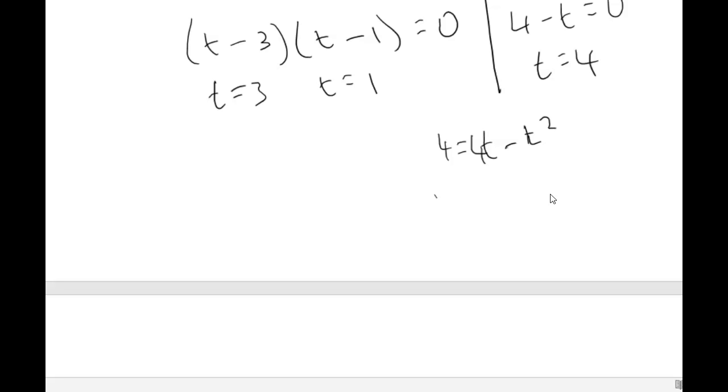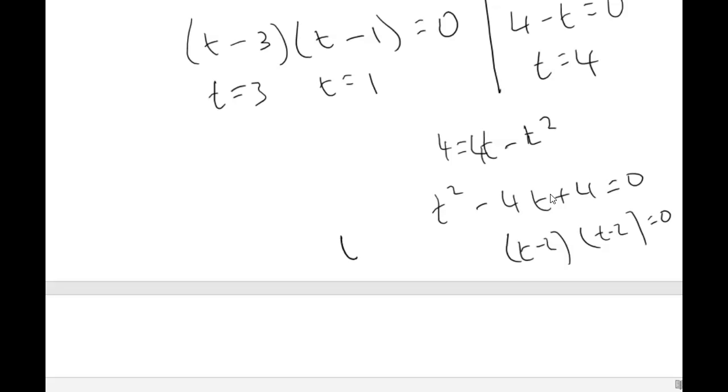So we've got t squared minus 4t plus 4 equals 0. So we're going to have t minus 2 equals 0. So that means t is equal to 2.